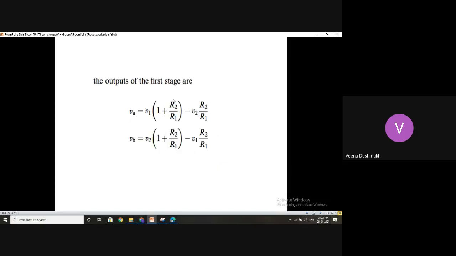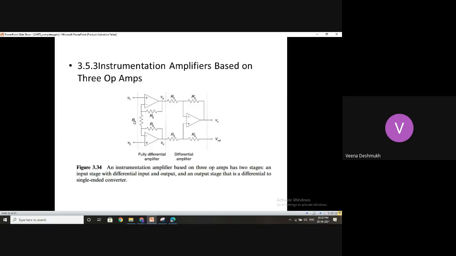The outputs of the first stage are, see here, if you assume that VA is the first stage output, how much is VA? VA is basically due to V1, which is connected to the non-inverting terminal, and also V2 is indirectly connected to the first op amp as well, not only to the second op amp. Similarly, V1 is also connected to the second op amp. How exactly? You can see here there is an input resistor.